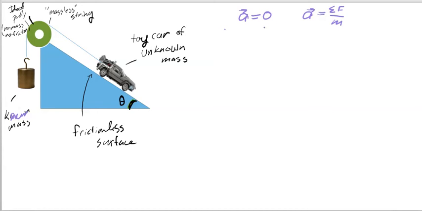So what you could say with these two things is, therefore, net force equals mass times acceleration, and all that would equal 0. And remember, once again, this is for Newton's second law. Now this is going to deal with Newton's second law and Newton's third law.